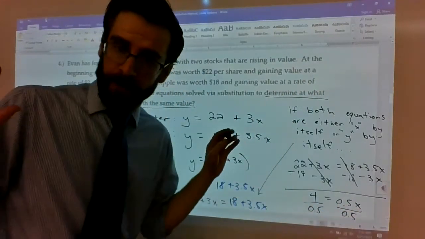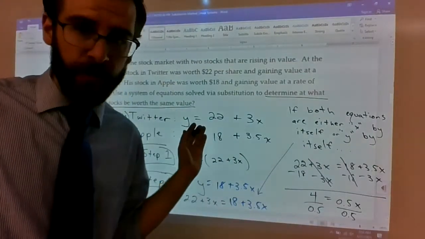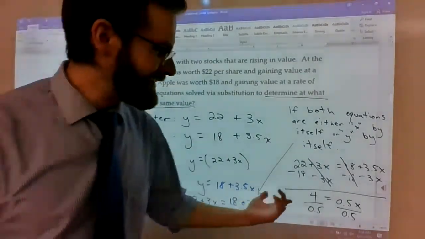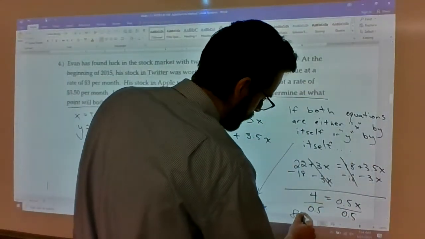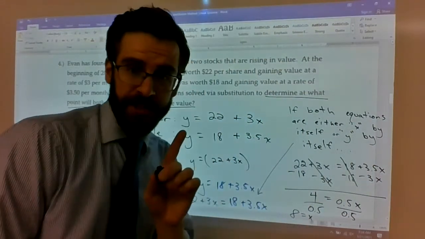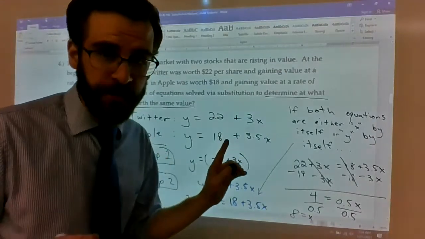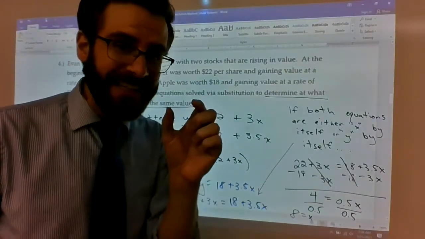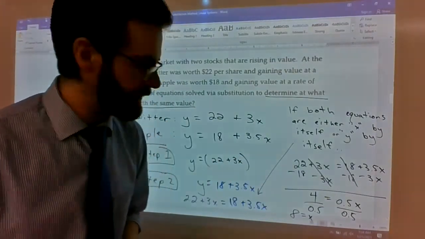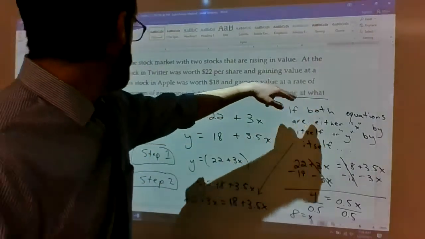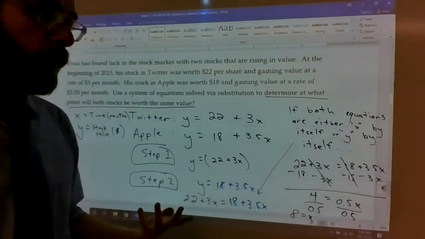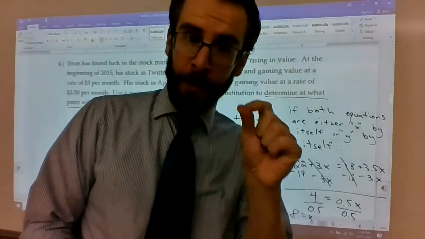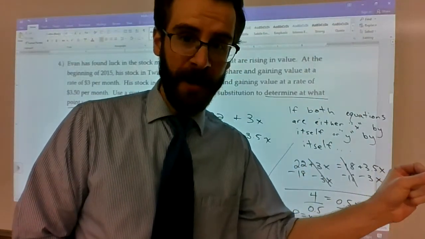Now again, I'm easing the burden of calculations by saying you can use a calculator if you want to, but I know that a half goes into 4 eight times, so I'm just going to go for the answer there. Now here's the question. I didn't solve the whole system, I just solved up through step 2. But is that enough info for me to answer their question? Determine at what point both stocks will be worth the same value. Well, in the English language, the word point can also be represented by time.